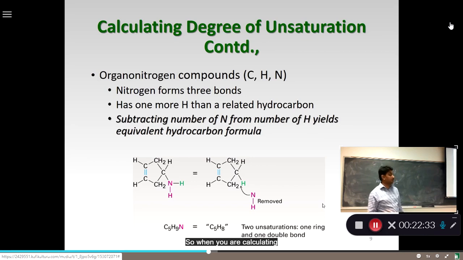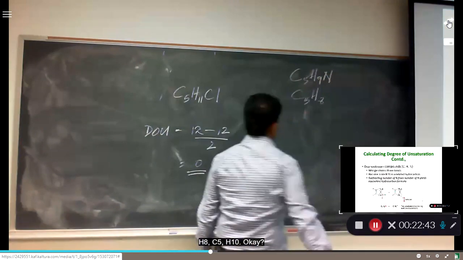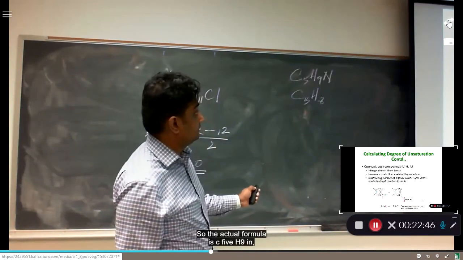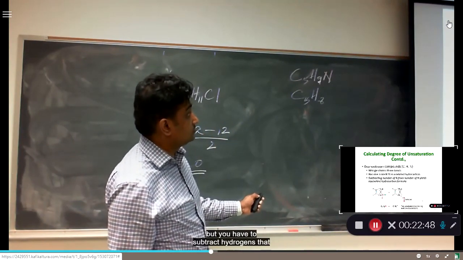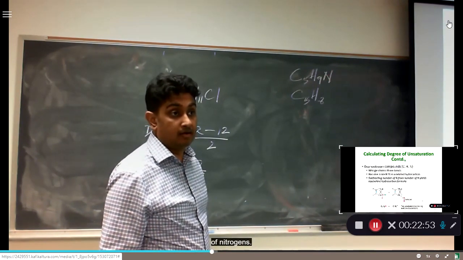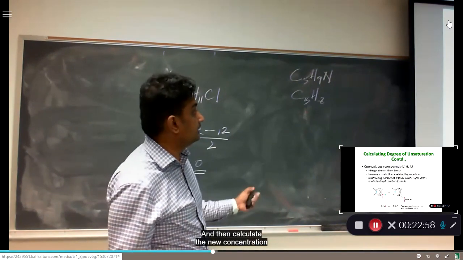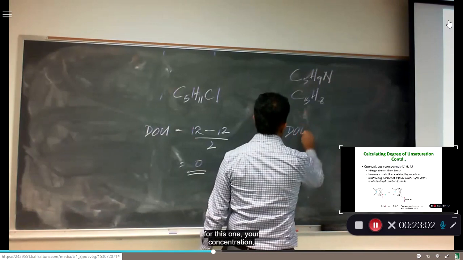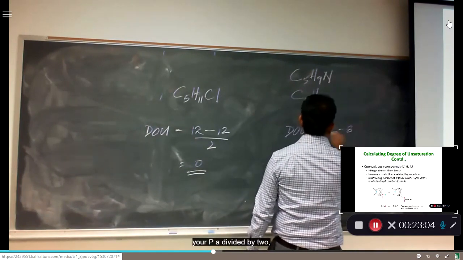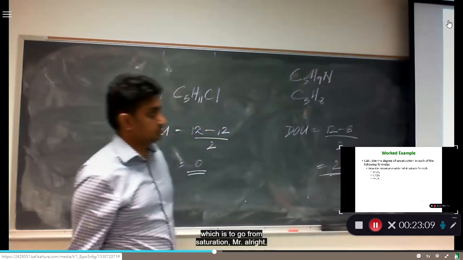When you are calculating the degree of unsaturation, you will only consider C5H8. The actual formula is C5H9N, but you have to subtract hydrogens equal to the number of nitrogens. If you have 2 nitrogens, subtract 2 hydrogens, and then calculate the degree of unsaturation. For this one, the degree of unsaturation will be 12 minus 8 divided by 2, which is 2. Degree of unsaturation is 2.